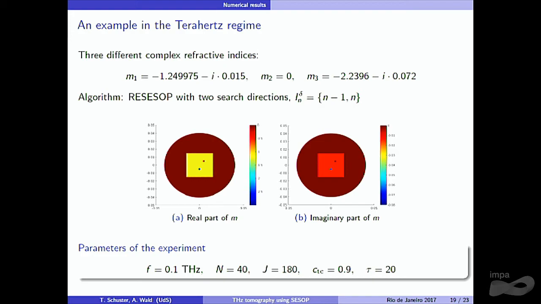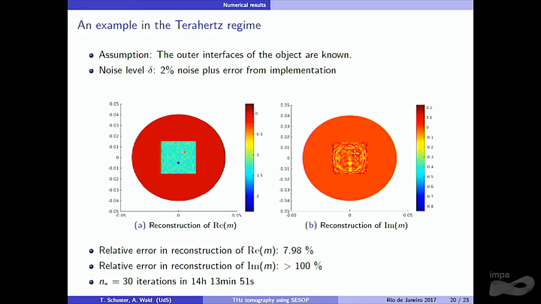We have 180 detectors and use 40 directions, and then this is the value of the tangential cone condition, which has to be guessed in some way. Of course, we do not know it exactly, only some estimates, and as tolerance parameter we use tau equal to 20.